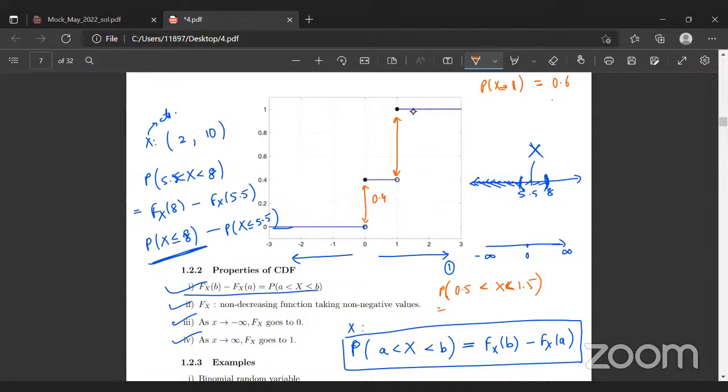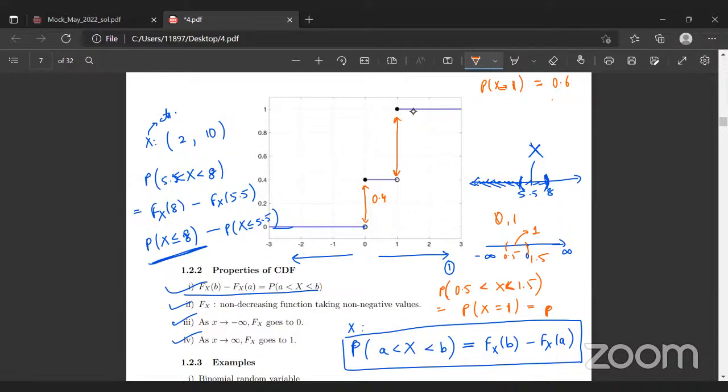It is either 0 or 1. So I can say in this interval 0.5 to 1.5, I will have just 1 point, that is 1. So I can just simply write probability x equal to 1. And what is probability x equal to 1? 1 is success, so this will be just p, probability of success. So in case of discrete, you will have to take care of this.